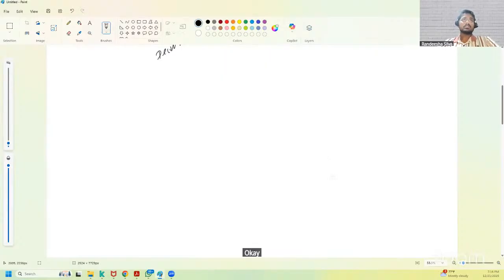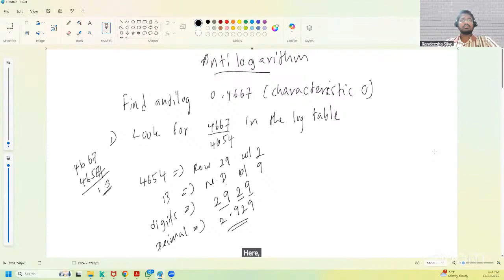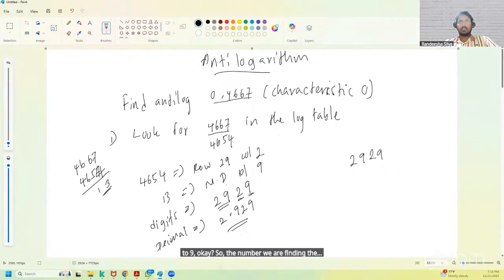Sir, how did we make 2929 into a decimal? That's what I mentioned, Kanu. This is the row number and the column number. The number we are finding the anti-logarithm of is 0.4667, and the characteristic is 0.